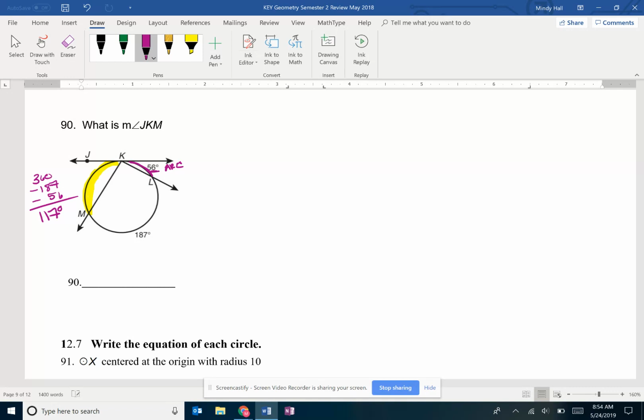And this is helpful because we want to find JKM, and JKM is this angle right here. So because the arc is 117, I'm going to do 117 divided by 2 because this angle is on the circle. And 117 divided by 2 gives us 58.5. So 58.5 degrees.